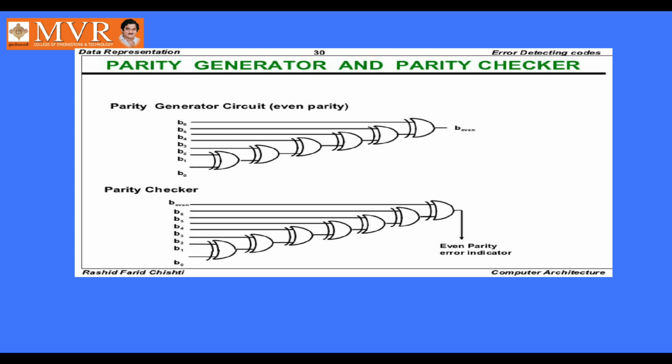After generating even parity, how do we check whether even parity is properly followed or not?